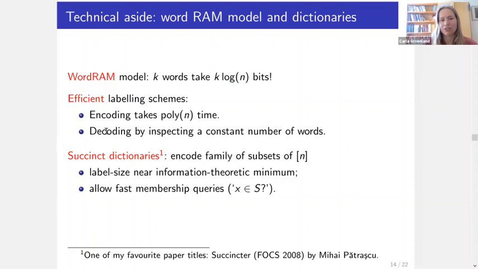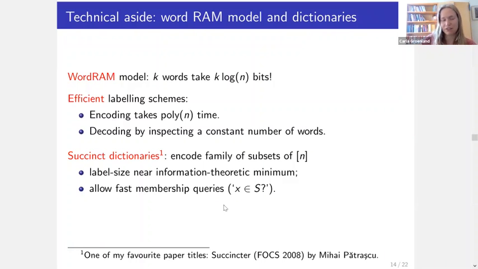This is quite a strong assumption, but in the end, we're helped a lot by these existing data structures. They manage to do this for us, for this part of our proof. In a constant number of words, you can see if an element is part of a set or not. There are a few more details that I've left out, but this is the rough idea of how our construction goes.